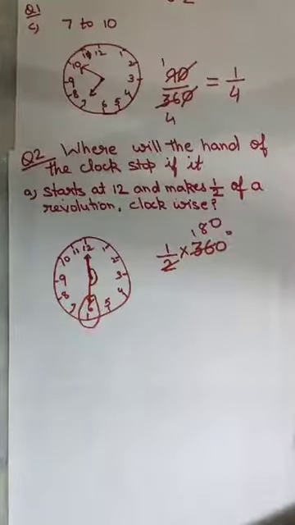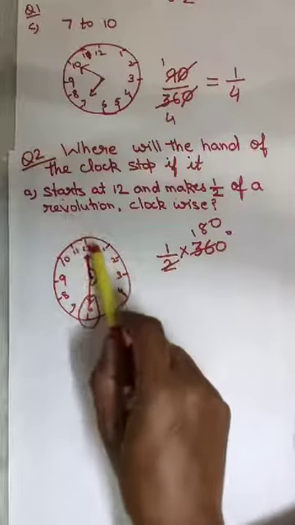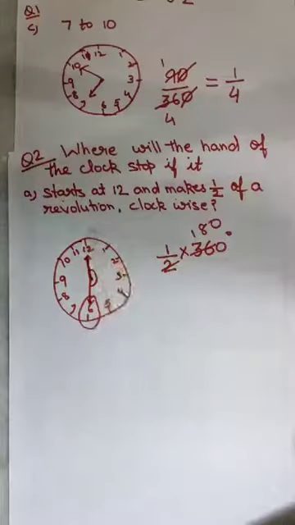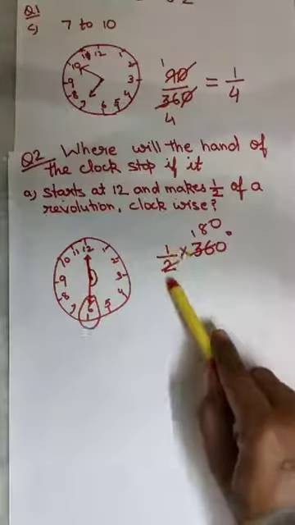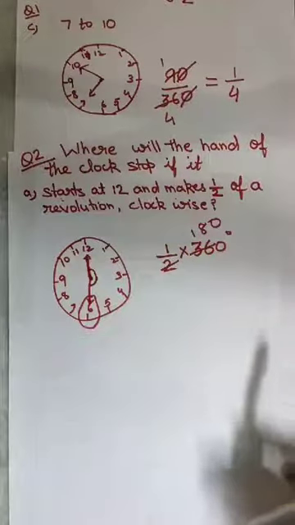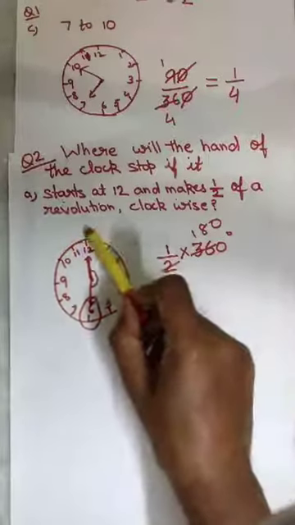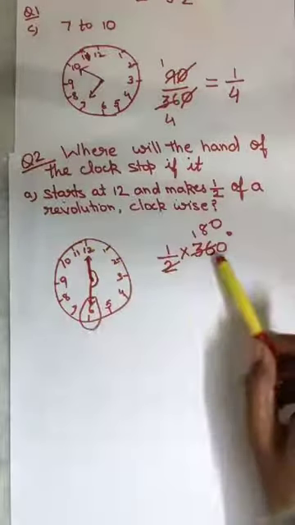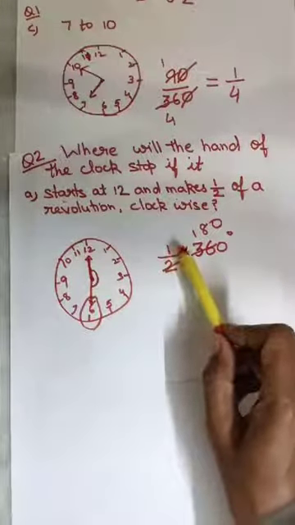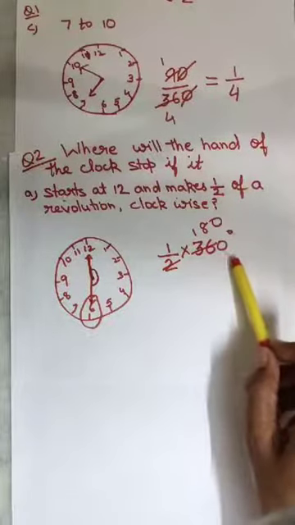Fine. Let me explain you once again. If it starts at 12 and makes half of a revolution, means 1 upon 2. Now we have to convert this fraction into degree, and we know that one complete angle is of 360 degree. So now we will multiply half, 1 upon 2, by 360 degree.